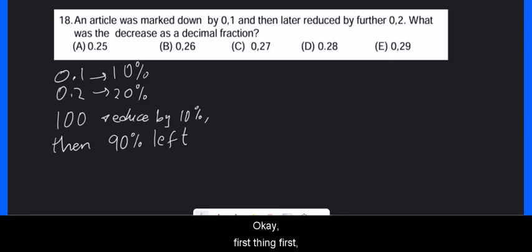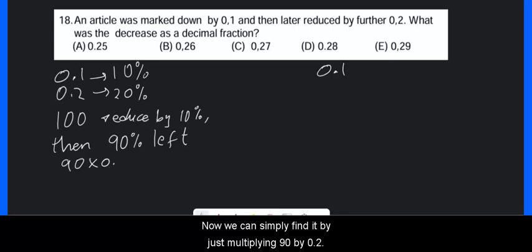Okay, first thing first, we have got 0.1. Now what is 20% of 90? Now we can simply find it by just multiplying 90 by 0.2.